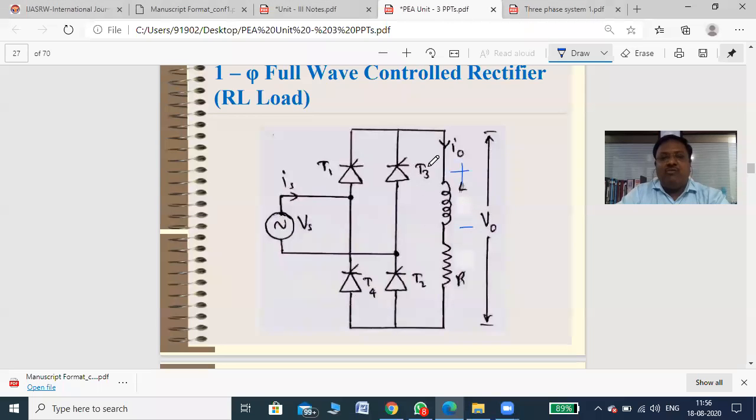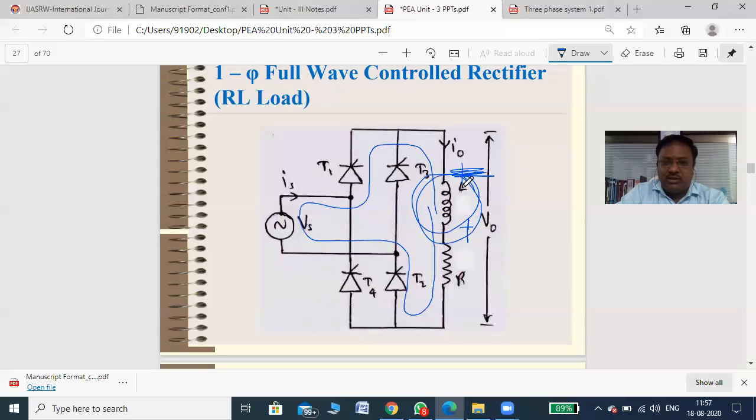Whenever the supply gets reversed, the inductor changes its polarity: downward is positive, upward is negative. The inductor then releases the energy through T2, back to the supply, then T1, and so on. Whatever energy is stored by the inductor is given back to the supply.